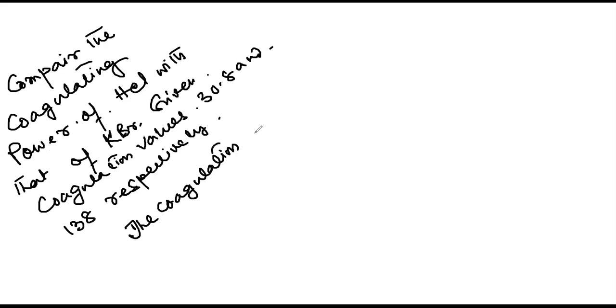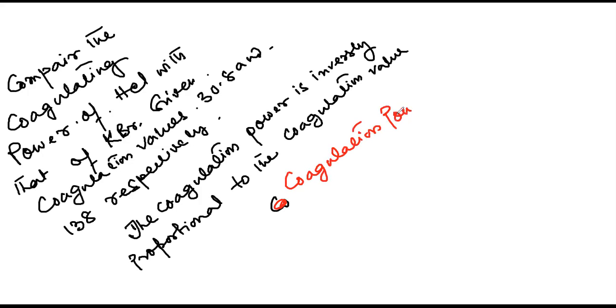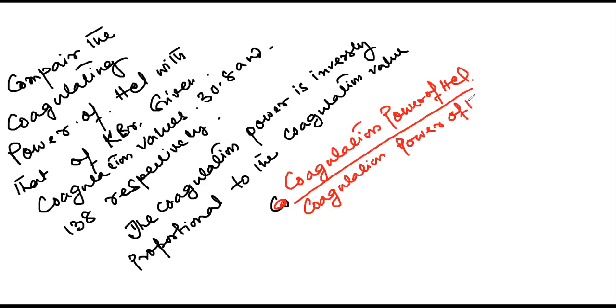So we can write the coagulation power of HCl divided by coagulation power of KBr is equal to coagulation value of KBr divided by coagulation value of HCl.